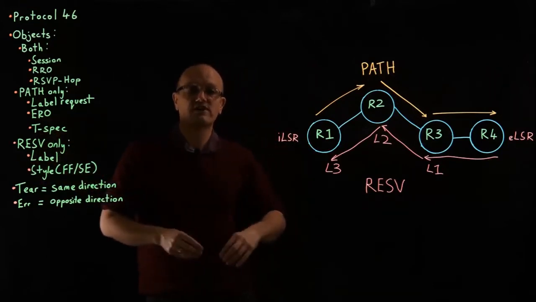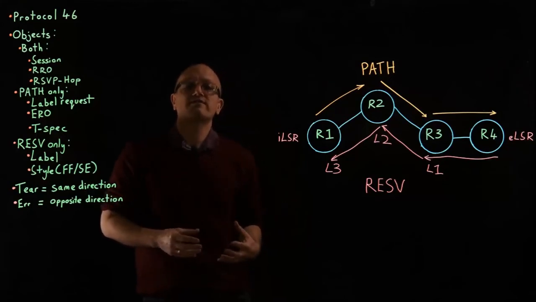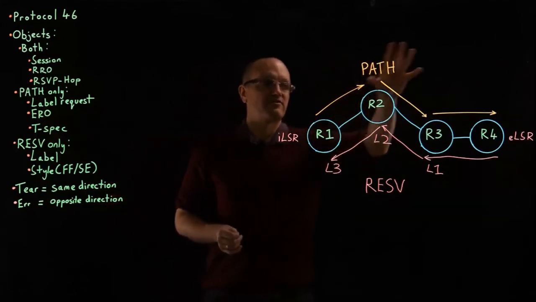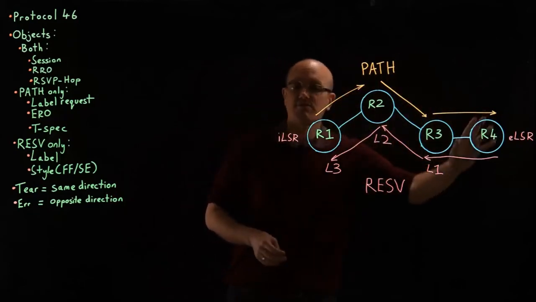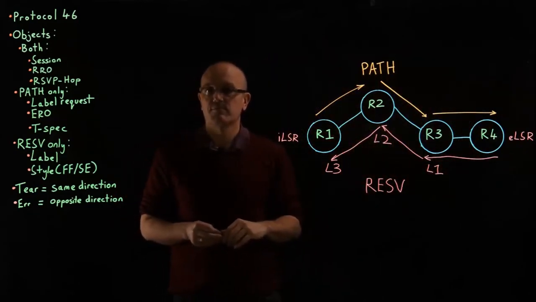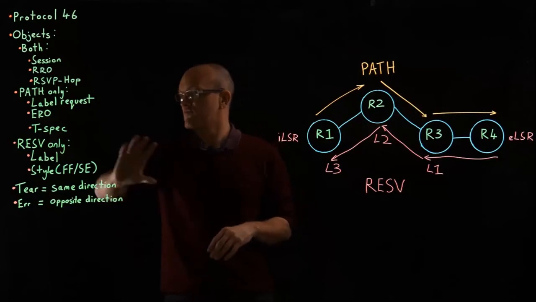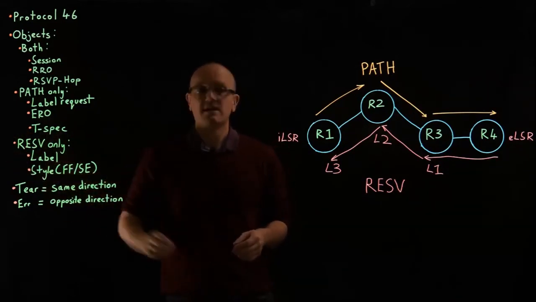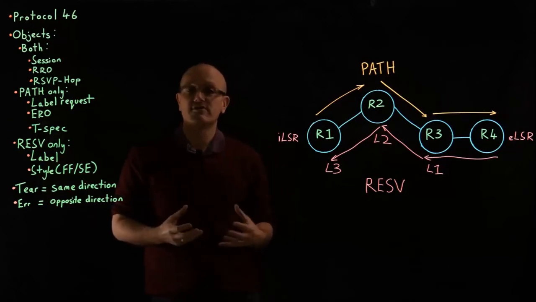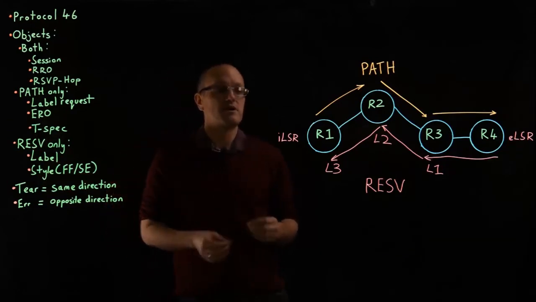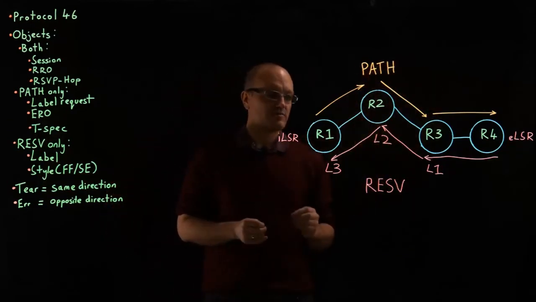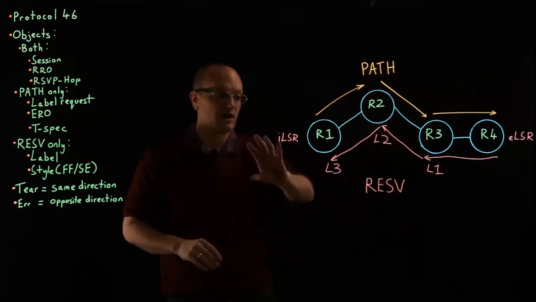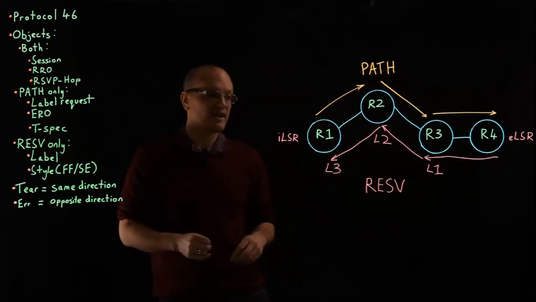So this is an object that's used for requesting that bandwidth resources be allocated as the path message flows downstream through the network. And so now if we look at reserve messages only, we have the label object. So this is the object that's carrying the label that was requested by the path message, and it's what we're actually going to be using for forwarding traffic along that LSP at a later date.